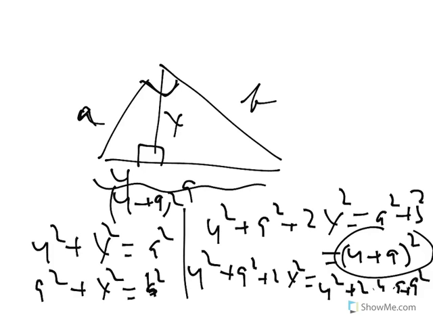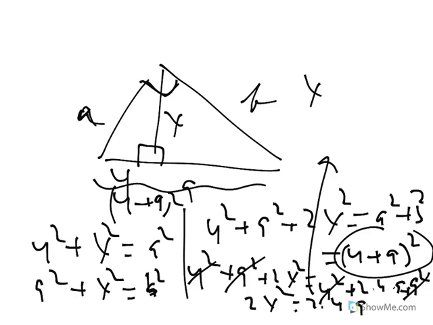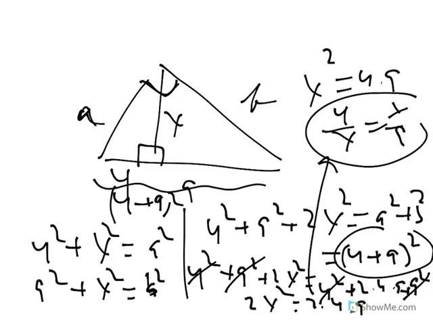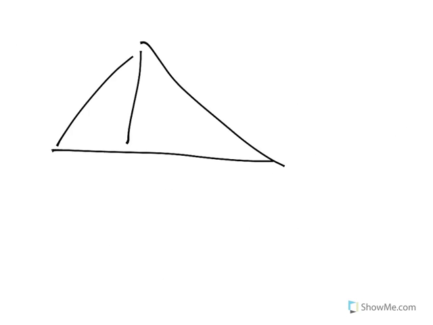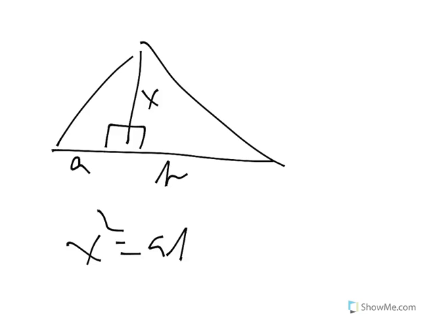When I subtract the 9 squared and the 4 squared, I'm left with 2x squared equals 2 times 4 times 9, or x squared equals 4 times 9, or 4 over x equals x over 9, which gets me to that same place. You could just jump straight to saying x squared equals 4 times 9 if you ever see a question like this. Usually it's confusing because I call these a and b, but you can say x squared equals ab, or let's call it m and n, since we already used those letters.